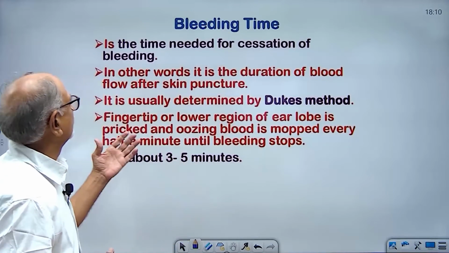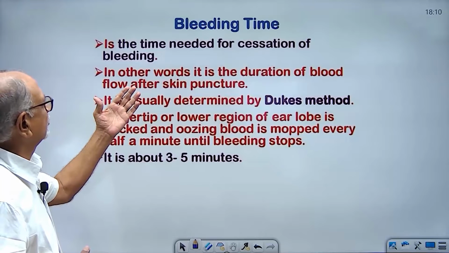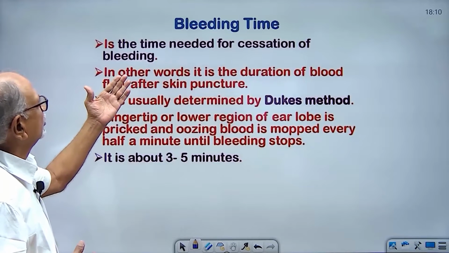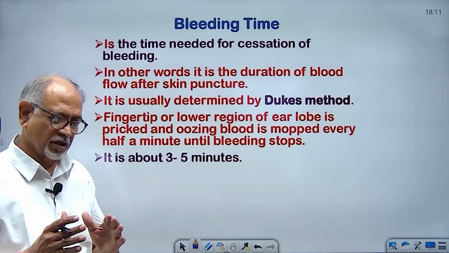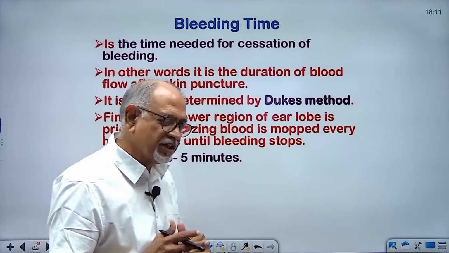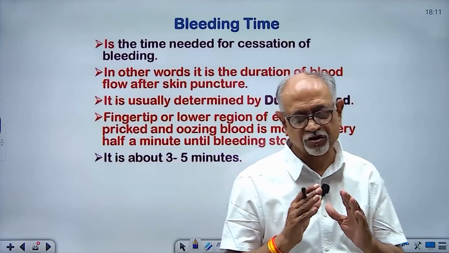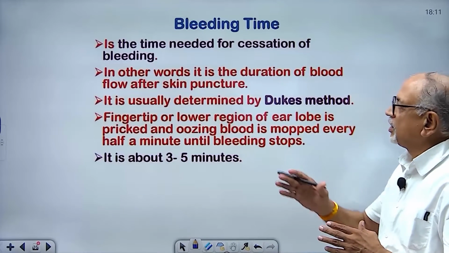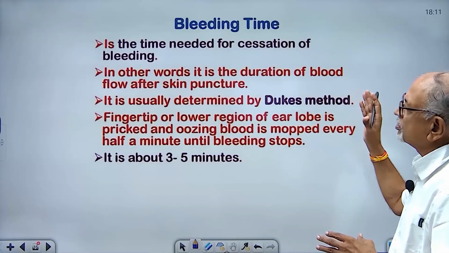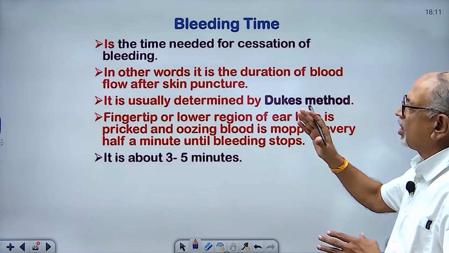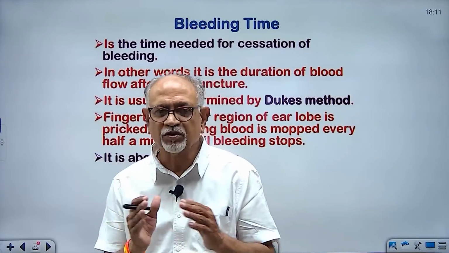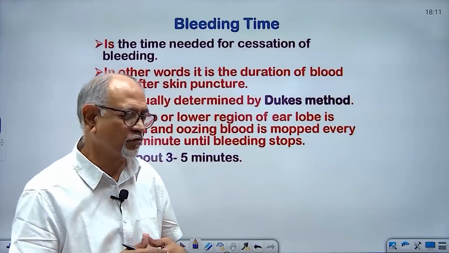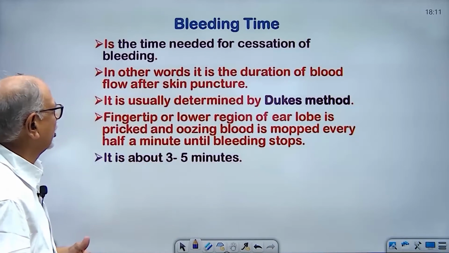Bleeding time is the time needed for cessation of bleeding, that is, how much time is needed for stoppage of bleeding. In other words, it is the duration of blood flow after skin puncture. If you puncture the skin, for how much time the blood continues to flow, that is called bleeding time.